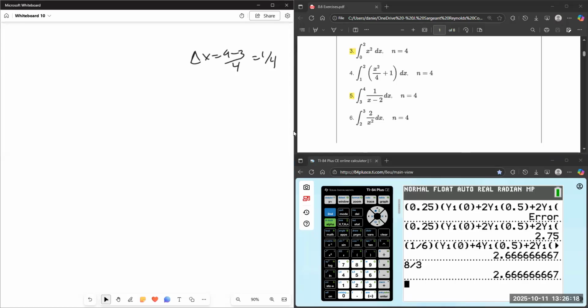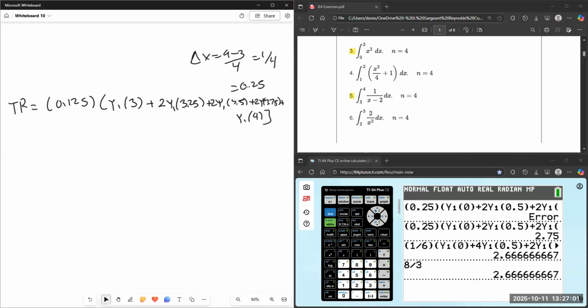I'll just leave things as fractions if I need to, but since it has an exact decimal, then I'll come here and say the trapezoidal rule is going to be half of this times y1 at 3 plus 2 y1 at 3.25 plus 2 y1 at 3.5 plus 2 times y1 at 3.75 plus y1 at 4. We'll close that up there.